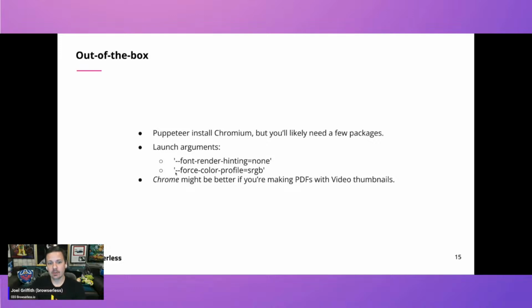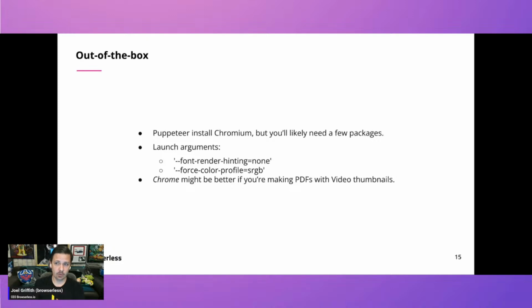And then the other one that you'll want is force color profile, sRGB. By default, Puppeteer's PDF, and I think Playwright's, will use web-safe colors to do the PDF generation. And so you'll have this color disparity between your PDF and your website, which you probably don't want. Printers nowadays are a lot better than they were a long time ago, so I would recommend using that force color profile just because it'll look a lot better and come out through.